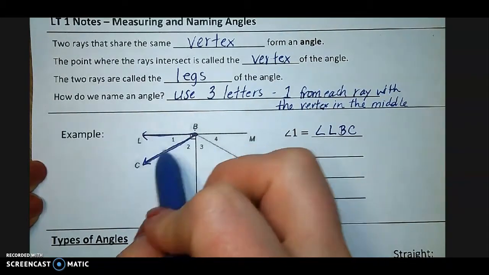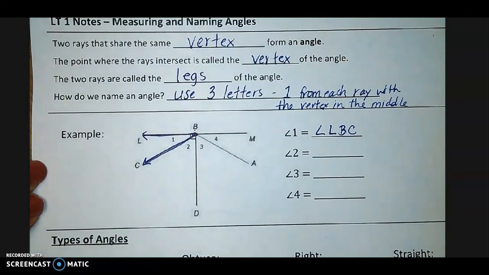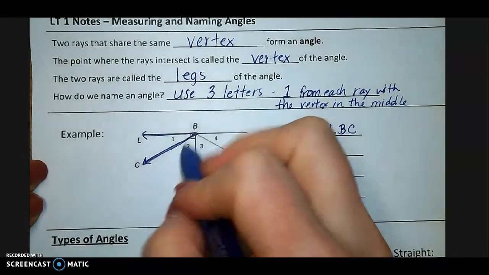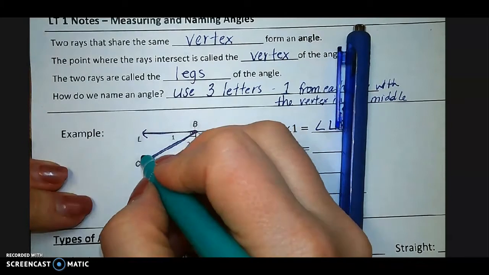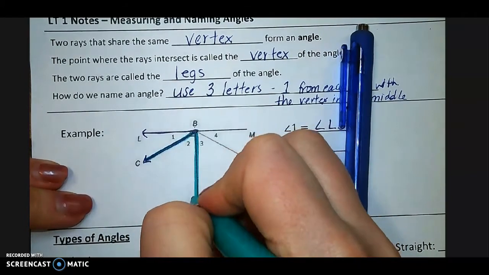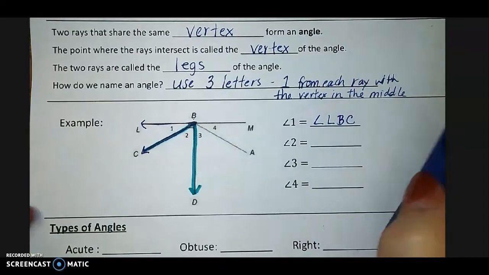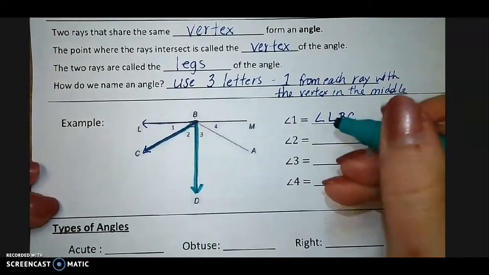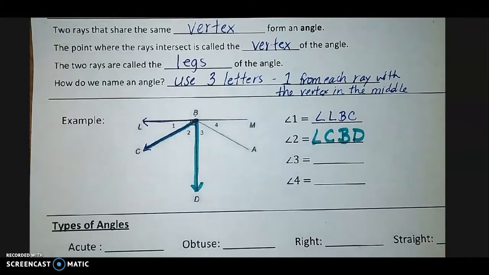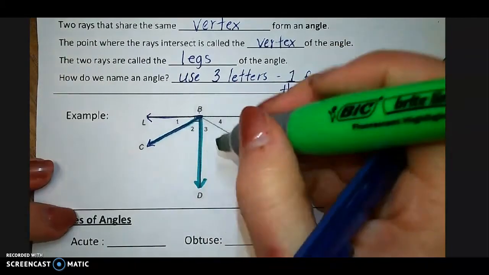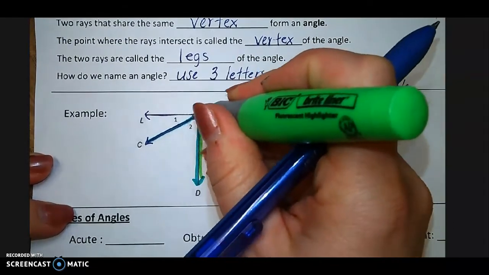You'll see it named with the letters, then you also might see it named with a number there. Angle 2 then is going to start with C, and it is going to be CBD. So angle 2 could also be called angle CBD. Our next one there is going to be angle DBA.